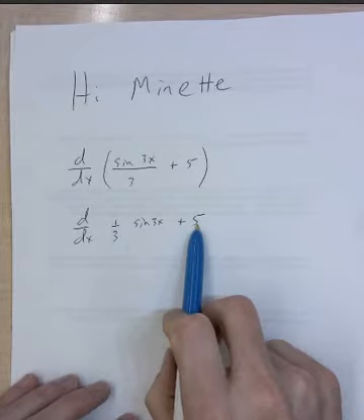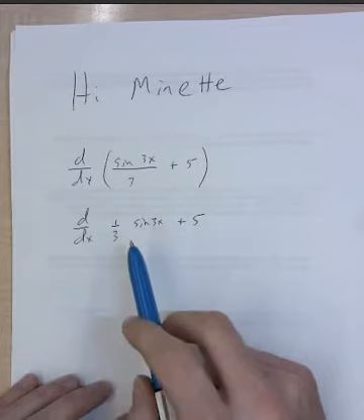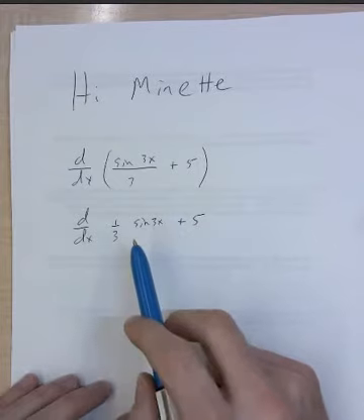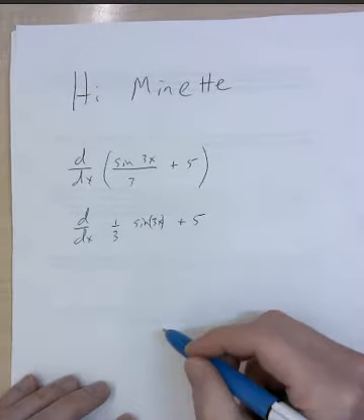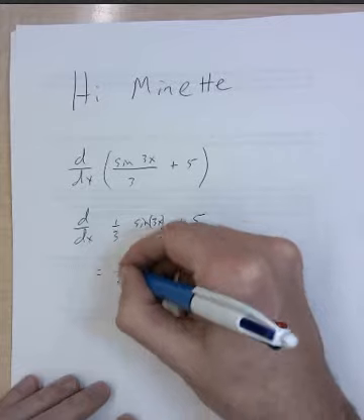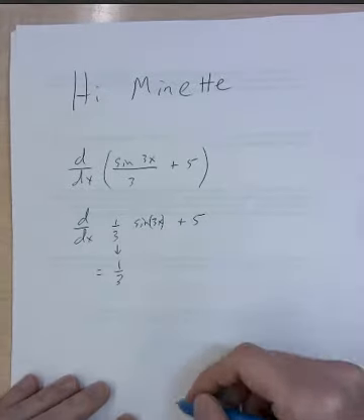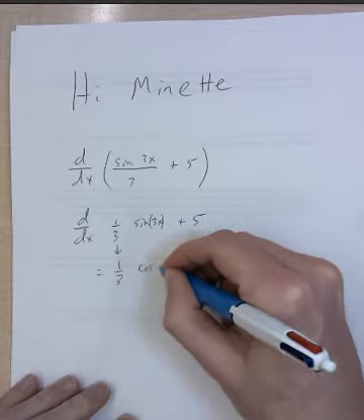Okay, so let's go ahead and do this. How do we do the derivative of the sine of 3x? Cosine of 3x. Good. So the derivative of sine is cosine. And this is a function inside here, so we really have to think about the chain rule. So this is going to be equal to 1/3, we just bring down the constant multiplier, times the derivative of sine, which is cosine of 3x.